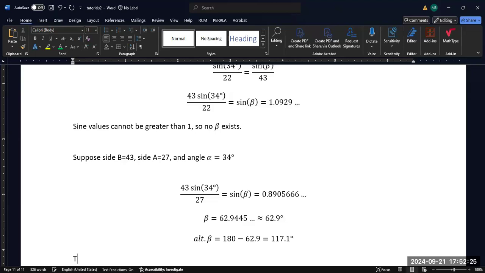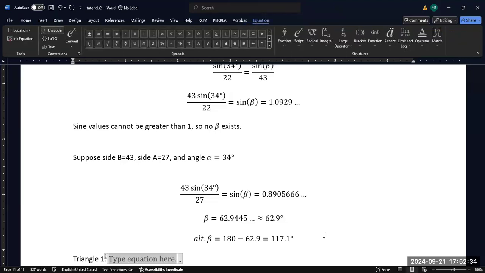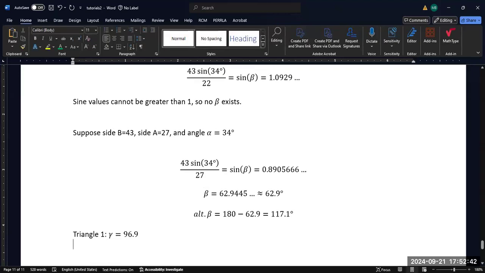So in triangle 1, gamma is going to be 96.9. Sorry, it's 180 minus that, 83.1.